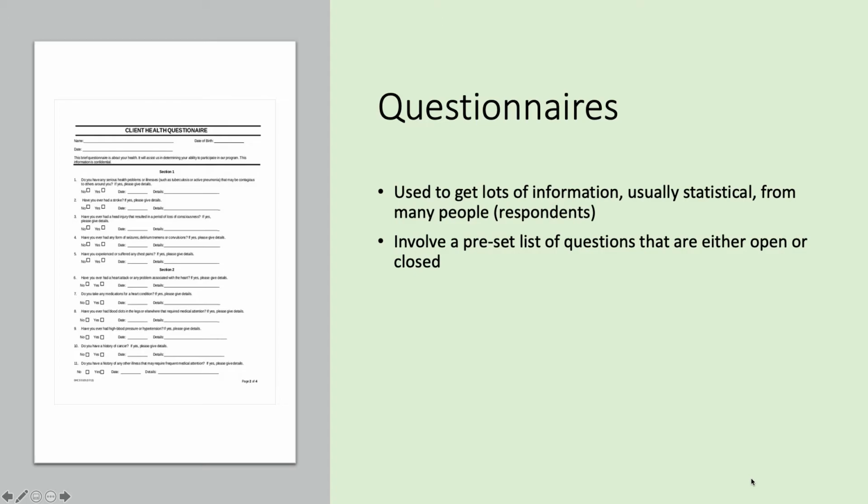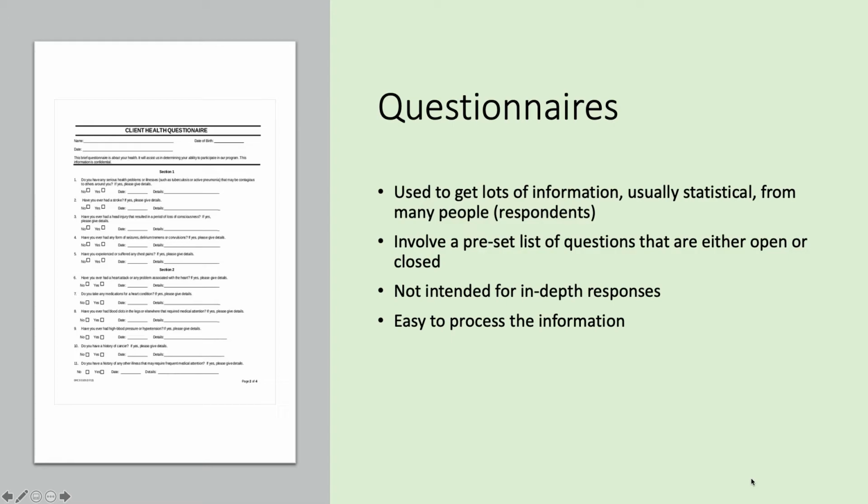A questionnaire will contain a list of pre-set questions. Now these can either be open or closed, but they tend to be closed in a questionnaire because the reason why they're closed is because they're not intended for in-depth responses. They need to be quick and easy for somebody to complete.